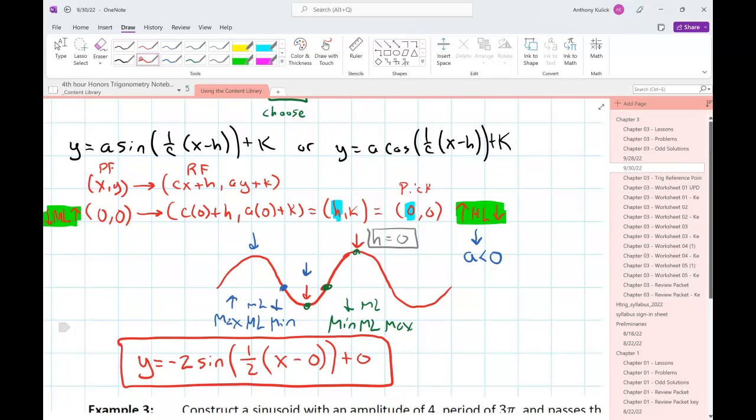Now, could you simplify that down and just write -2 times sine of 1/2 x? Sure. I'm going to put all the coefficients in so that it's super obvious how I put that together for you, since we're doing notes right now. Everybody's good? What if we had decided to do the cosine graph instead?